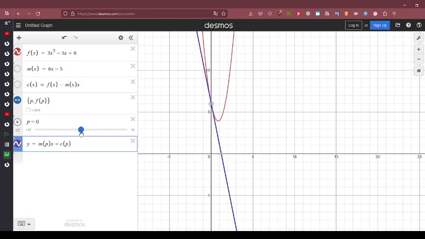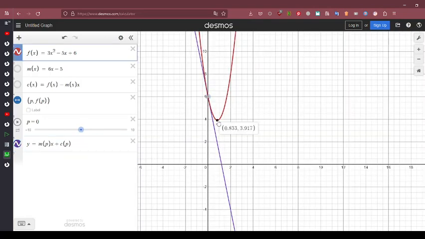Now, as you can see, the x value at this tip, this vertex point, is 0.833. Obviously, the y value is dependent on that value. So we can just say 0.833 yields 3.917.